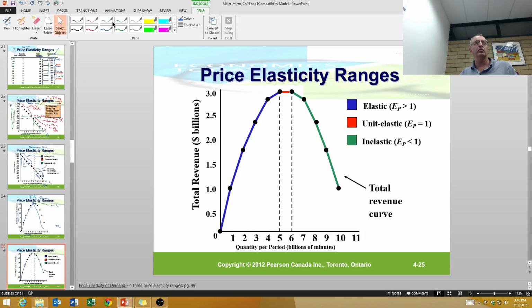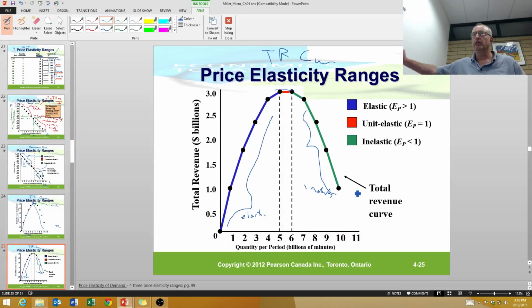They've color coded the elastic sections on this. Remember, this is a total revenue curve. So we have the elastic section, and then we have the inelastic section. And then, of course, we have the point of unitary elasticity at the top.